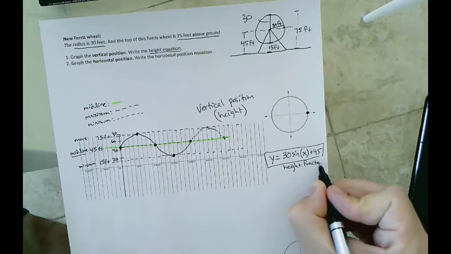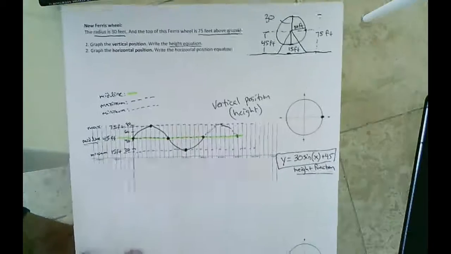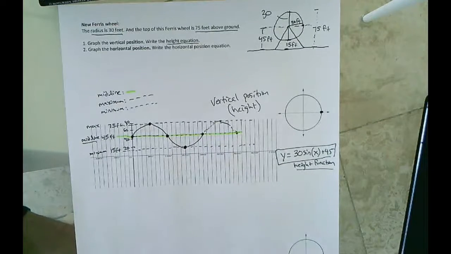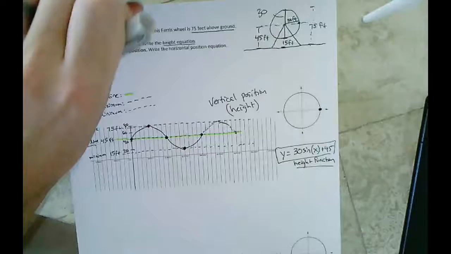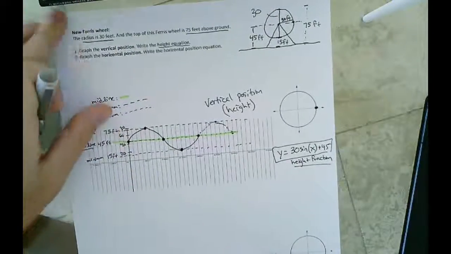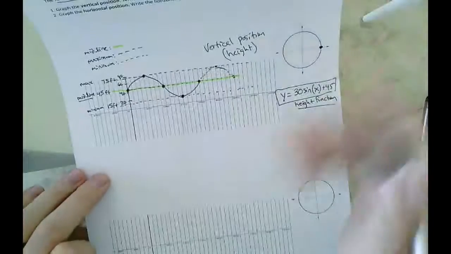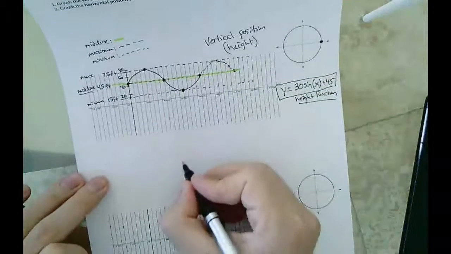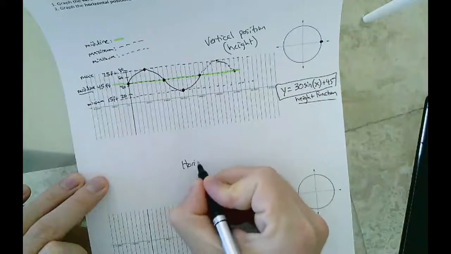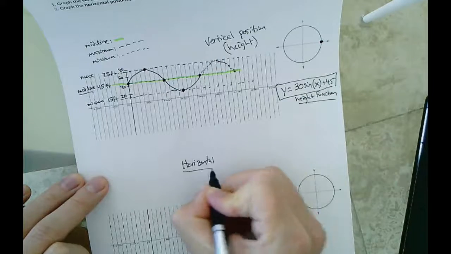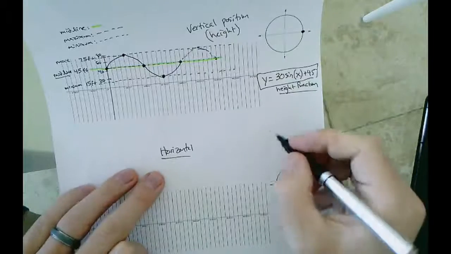Now, what we want to do is start thinking about our horizontal function down here. Our horizontal is going to make us think a little bit more. I'm going to redraw that Ferris wheel drawing that I had up there just so I have it down here as well.